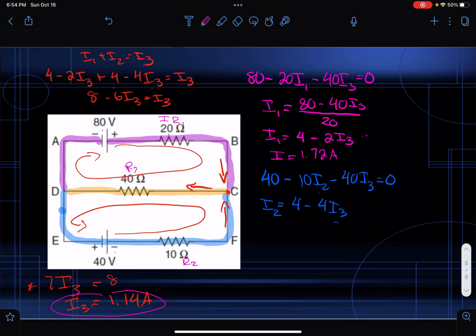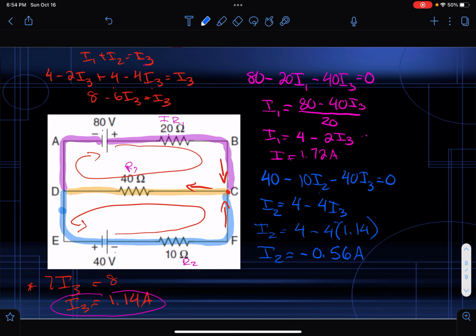We're going to show you why. So my I2 is 4 minus 4 times 1.14. My I2, I actually get a negative number. I get negative 0.56 amps.